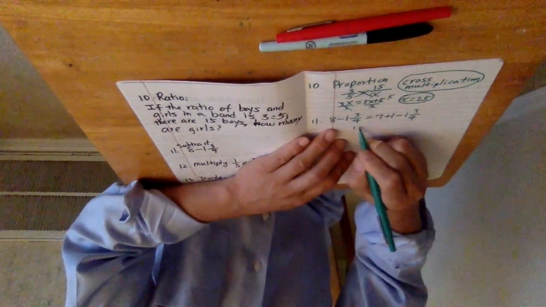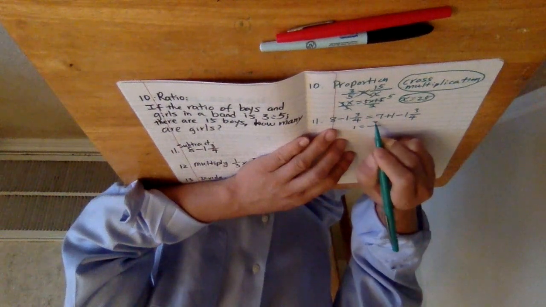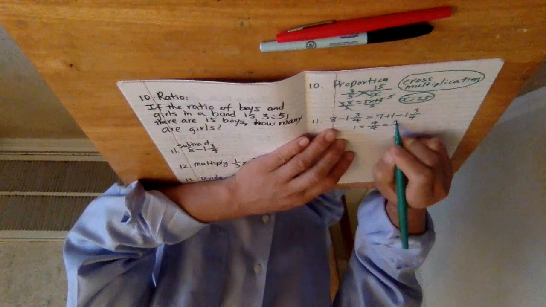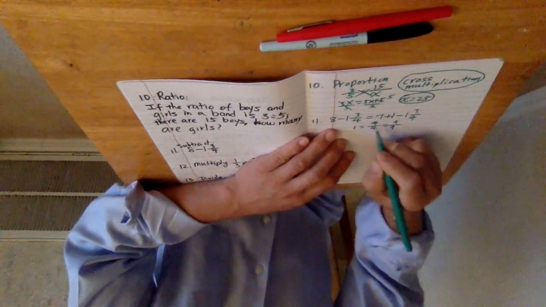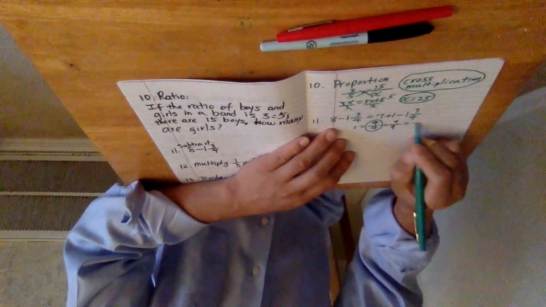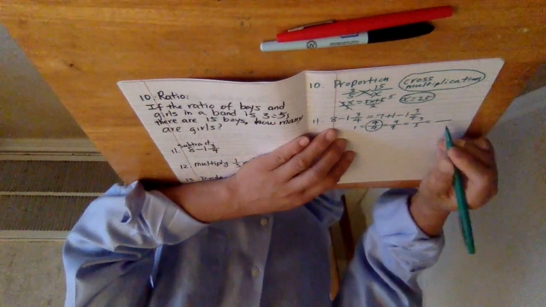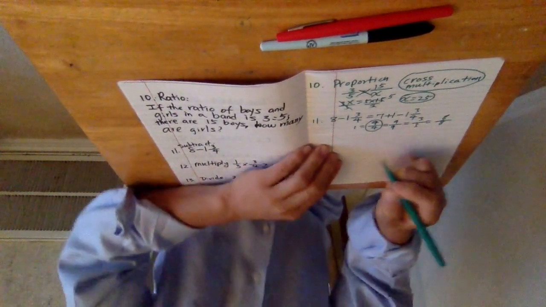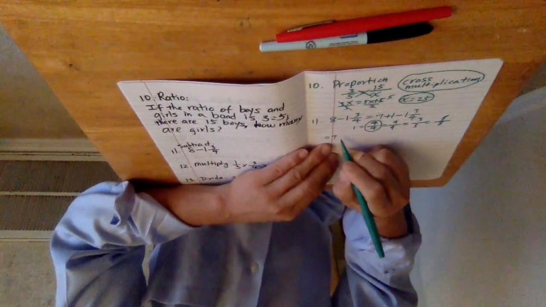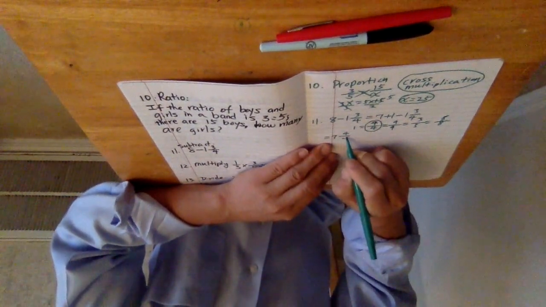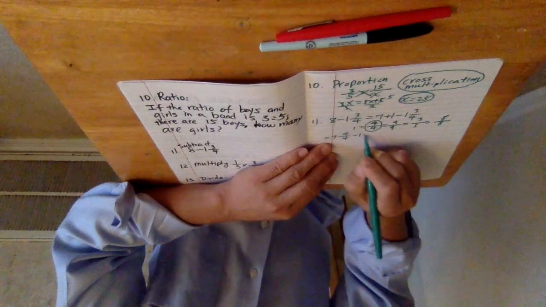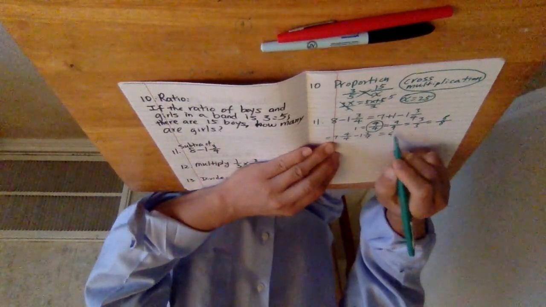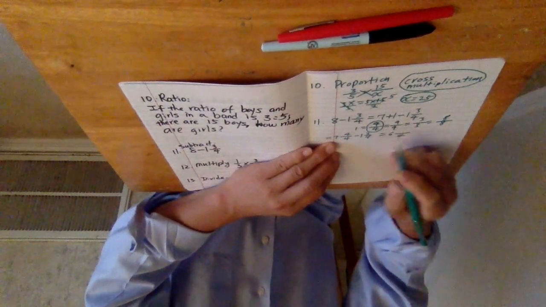Remember, we can change 1 into 4 over 4 in this case, or it can be any number, like 3 over 3, or 8 over 8, but here we're going to use 4 over 4, so it becomes 7 and 4 over 4 minus 1 and 3/4. 7 minus 1 is 6, 4 minus 3 is 1.